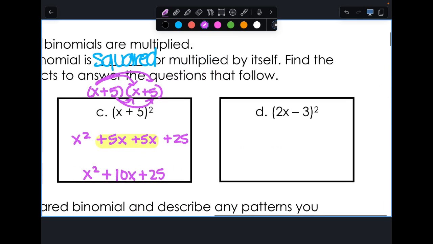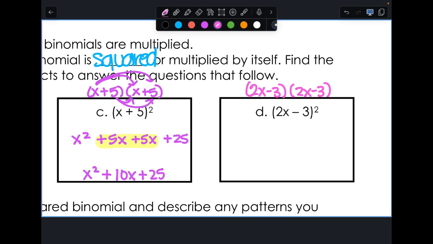Okay. Let's go with the last one. In the middle, they're the same number. Yep, that's one of the things you should notice. It's all the same. Everybody caught up?